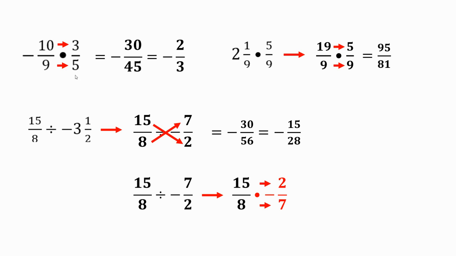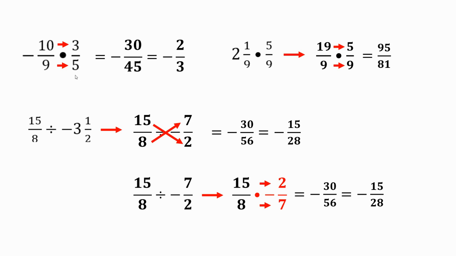If we flip that second fraction, we change the operation to multiplication, and now going straight across, we're still multiplying 15 times 2 and 8 times 7, which gives us the same answer of -30/56, which we simplified to be -15/28.